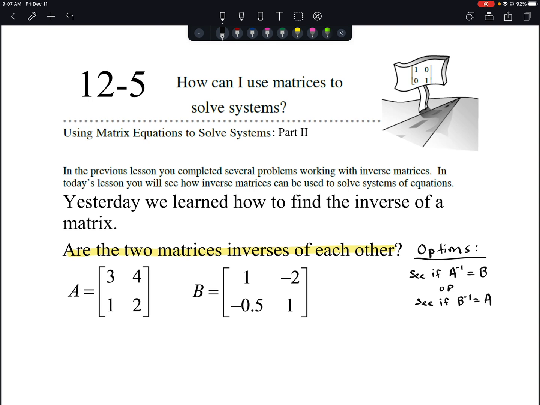Either way, if we find the inverse of one of these and it equals the other one, then they are inverses. But there's a third way here that I think is probably going to be easier for you to use. We could also multiply matrix A times matrix B. If they are truly inverses of each other, that's going to equal the identity matrix. Remember the identity matrix for a 2 by 2 is 1, 0, 0, 1. That main diagonal has all ones.